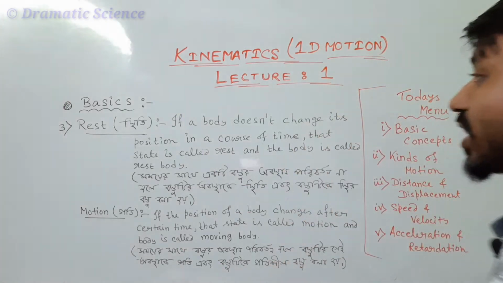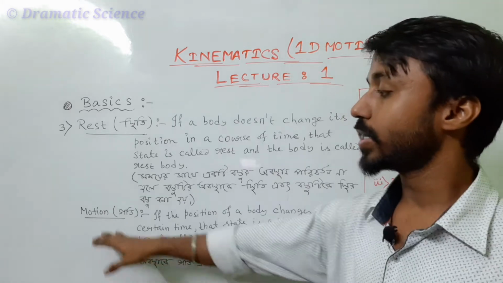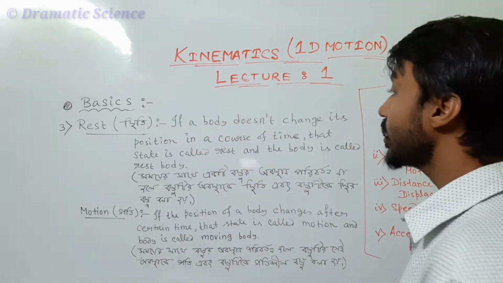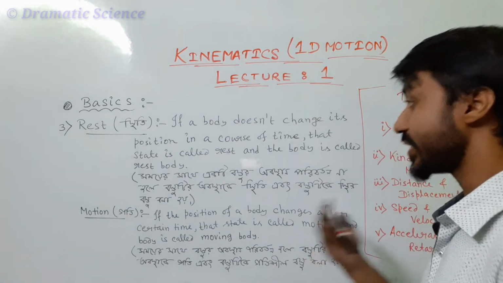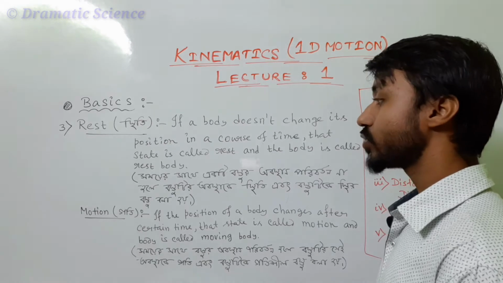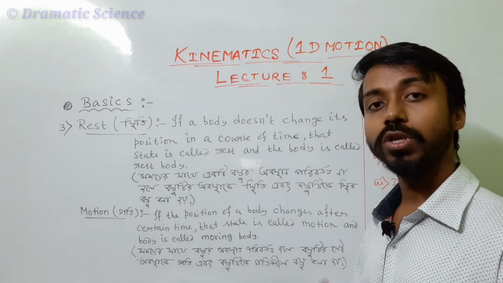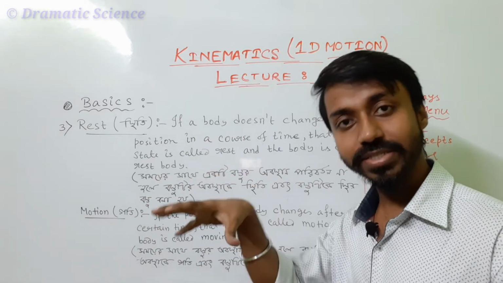So now we have basic concept number 3, the definition of rest and motion. If a body does not change its position in the course of time, that state of the body is called rest, and the body is called a rest body. Very simple. A body will not change its position as time passes. That is the rest position.